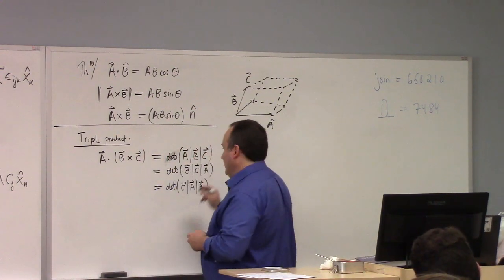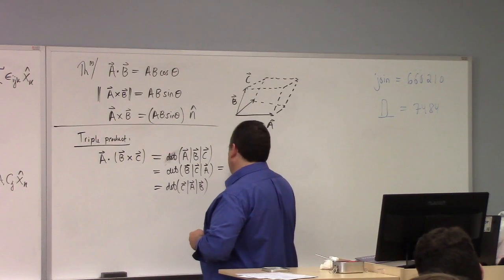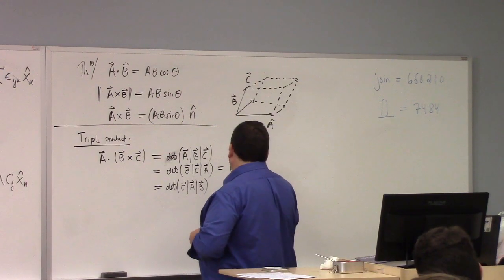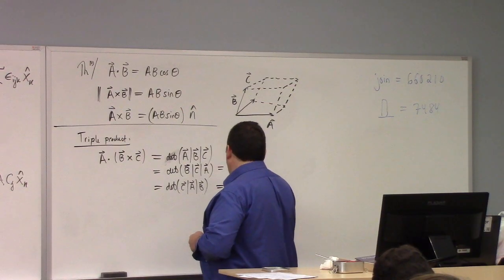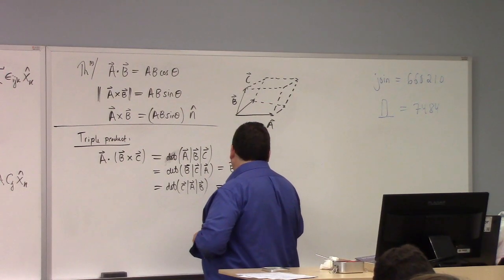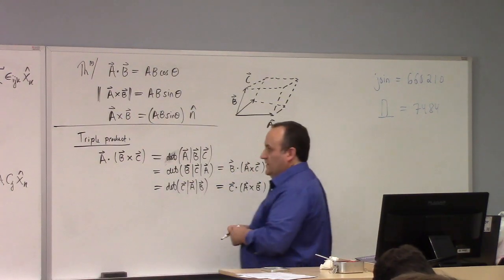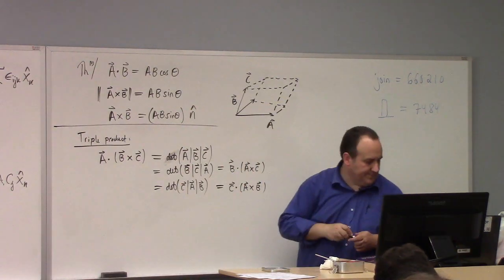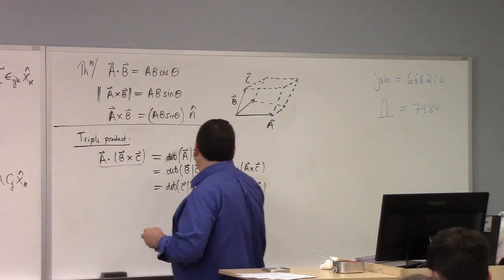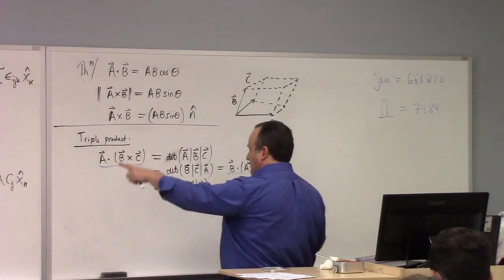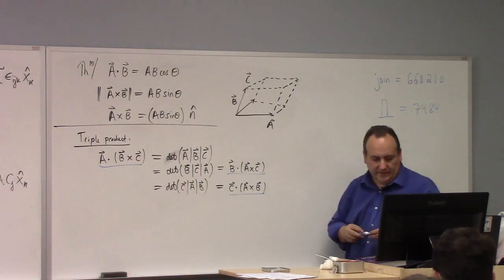And so this is, by the way, B dot A cross C, and this is C dot A cross B. So the fact that the triple product is equal to these cyclic interchanges of the letters, all three being equal, is called the cyclicity of the triple product.